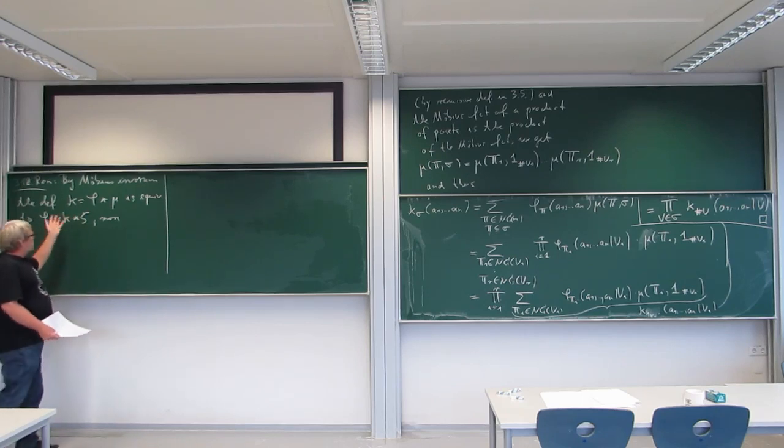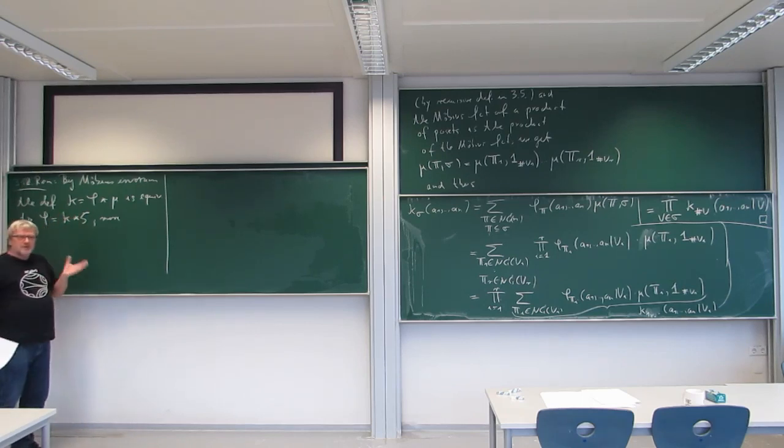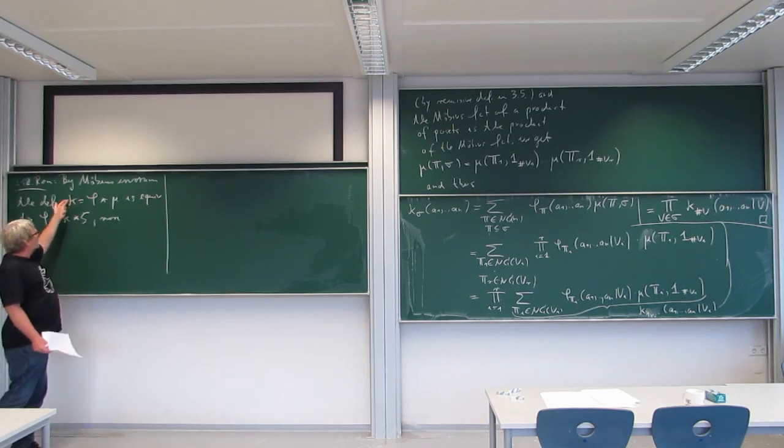And all this, we do not only have just in general Möbius inversion, but we have functions which are multiplicative. Both the phi and the kappa are multiplicative. And here we have seen, if we have formulas like this and we assume that one is multiplicative, then the other is also multiplicative.